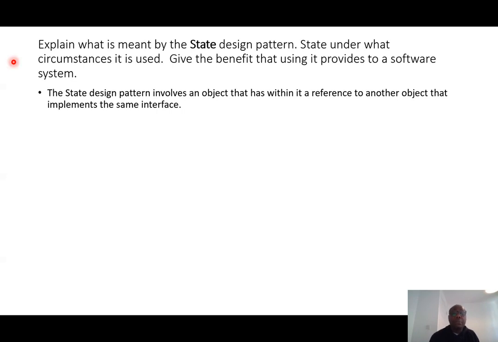You have a class that implements the interface, and so it has the state design pattern, which involves an object that has within it a reference to another object that implements the same interface. So that object is produced from a class that has implemented the interface.